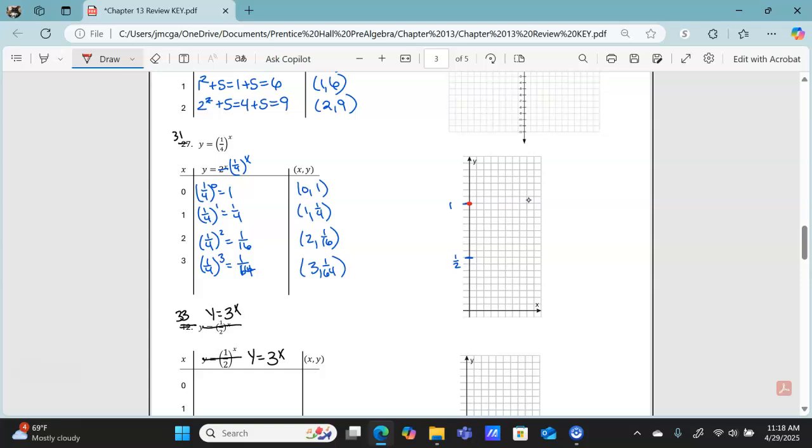I did. 1, 2, 3, 4. 4 up, because that would be halfway between 0 and a half. And then halfway again, and halfway again. And so this is what our graph is going to look like. And I missed that dot there. Let's try that again.